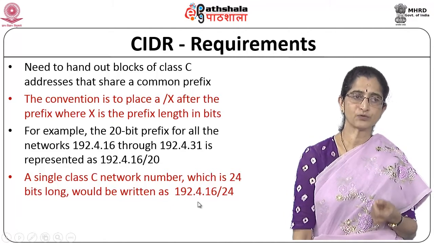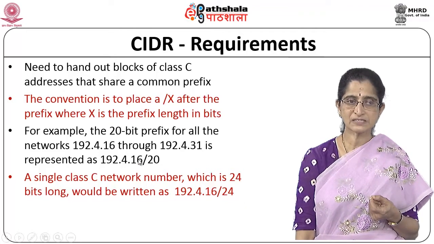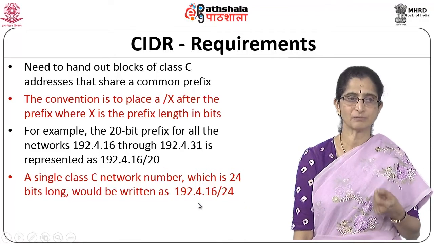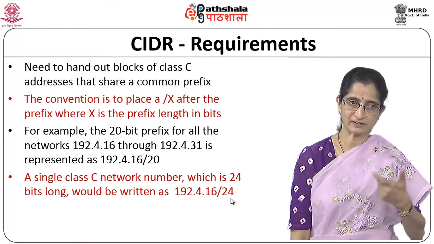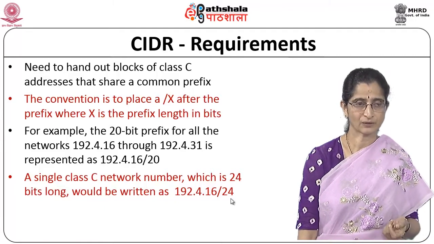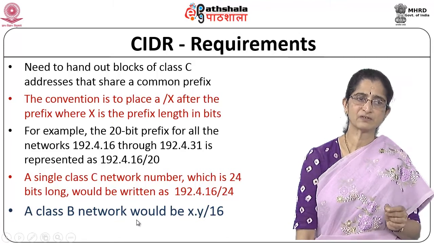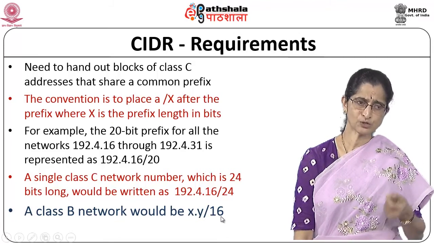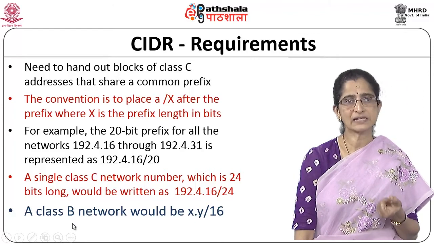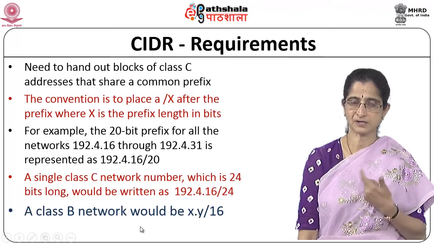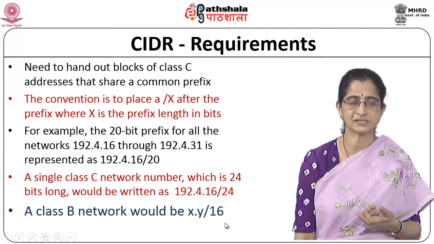Here it is 192.4.16 where 24 bits will be used as the network part of the address. So, you can see that by specifying the prefix length, you can vary the size of the networks that we have, and you can accommodate different sized networks. This is something which is very, very interesting. A class B network similarly would be written as x.y/16, because a class B network basically has 16 bits in the network part and 16 bits in the node part. So, in the CIDR addressing scheme, a class B network would be represented like this.